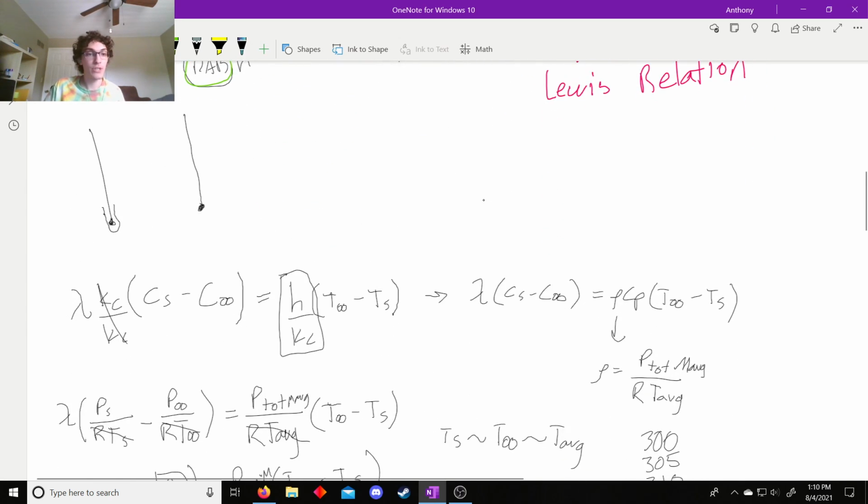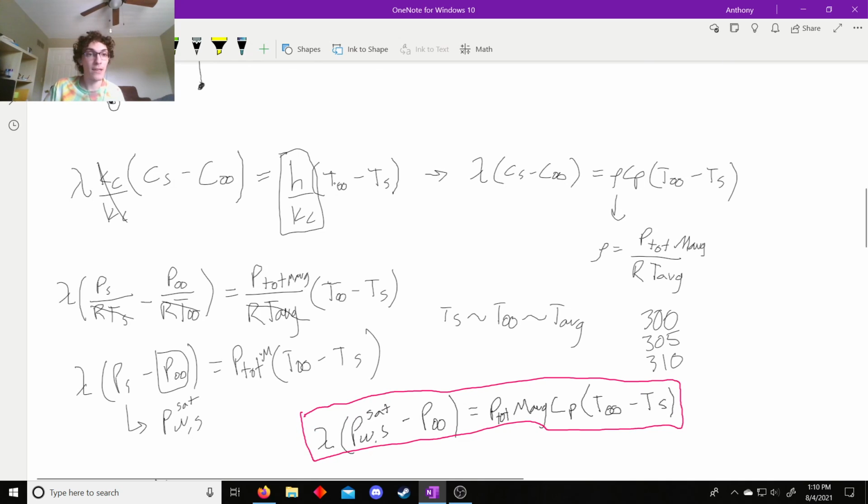And using this Lewis relation, we were able to set up an energy balance that relates the mass transport, the evaporation of the water, to the heat flux from the air.